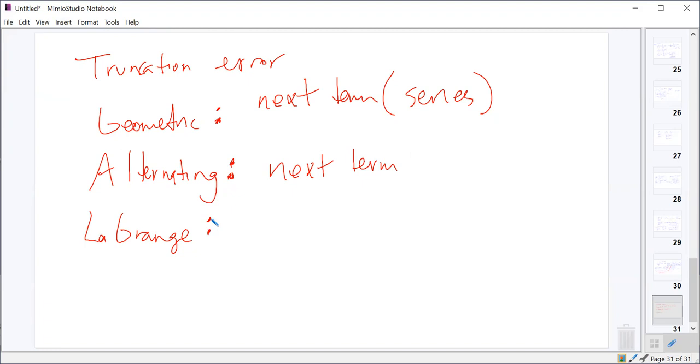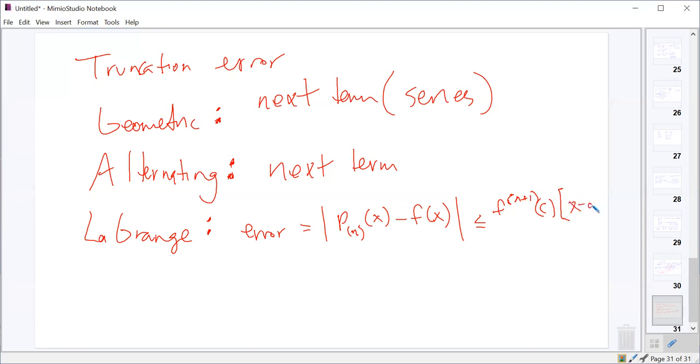Your Lagrange error bound says that your error, which they will often write out as the absolute value of the whatever degree Taylor polynomial at whatever value we're looking at, minus the actual value of the function, should always be less than or equal to the n+1 derivative at c times x minus a, if we're not centered, to the n+1 over n+1 factorial. And this is our Lagrange error bound.